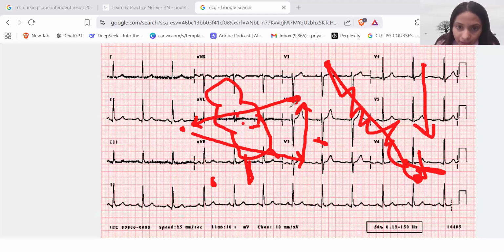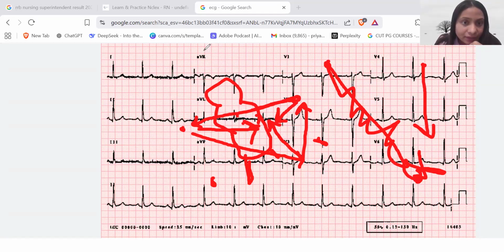Next, because current moves from positive to negative, these three make a triangle, hence they can create a vector. One vector in this direction, another vector in this direction. So from these three directions, we create three more directions. This is just complex physics. Don't get into this.